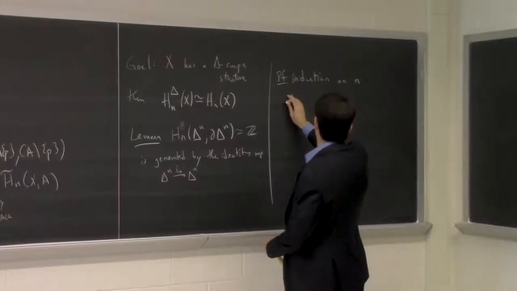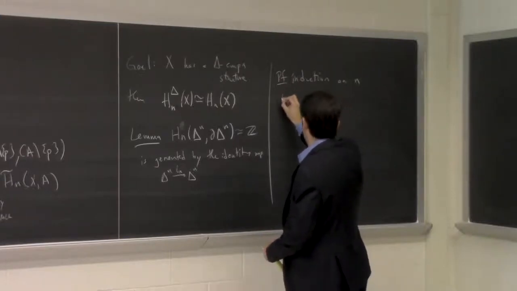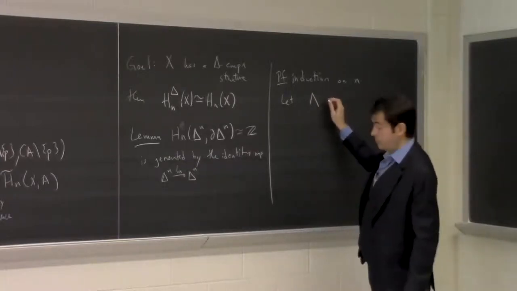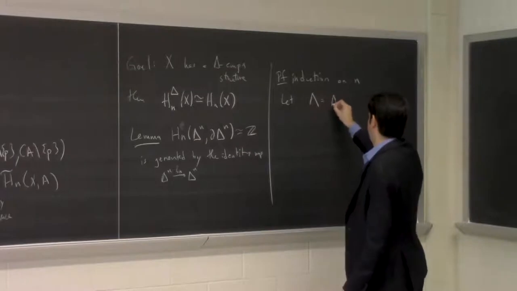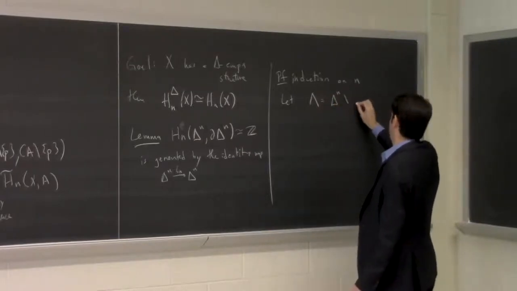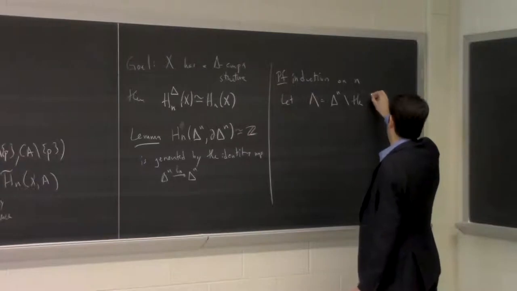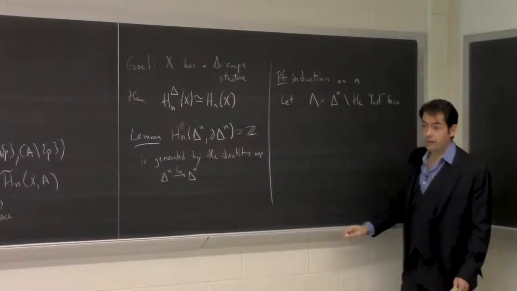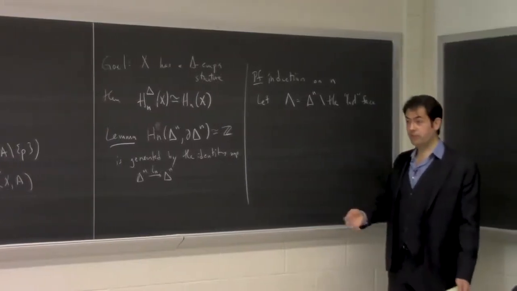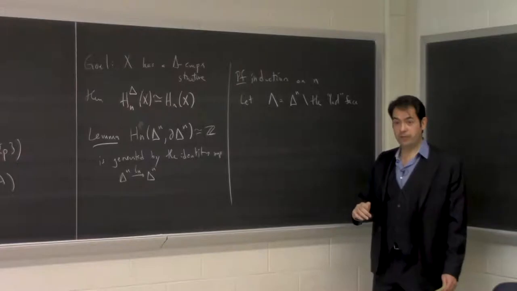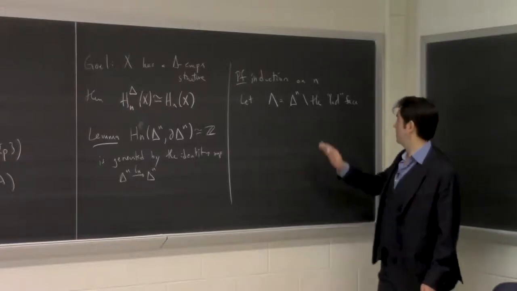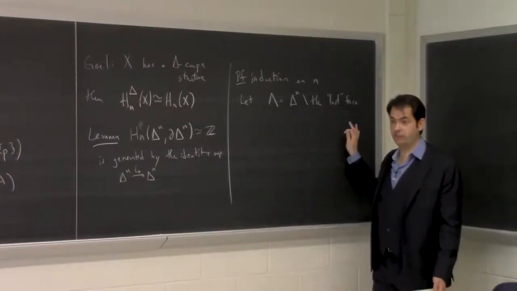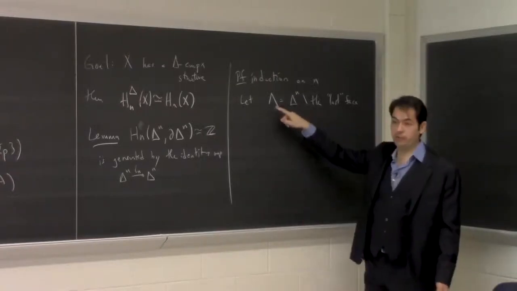Let lambda be delta n minus the last face. Remember, all of the faces are given by removing a vertex. By the last face, I mean remove the last vertex. That gives you a face. Remove that face. The picture is meant to look like what you would get for the triangle.